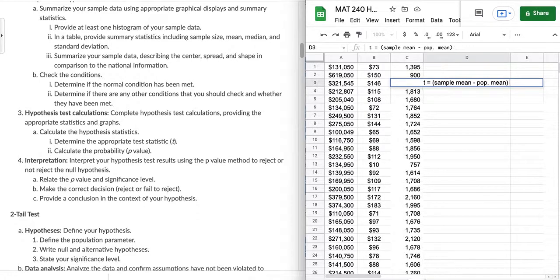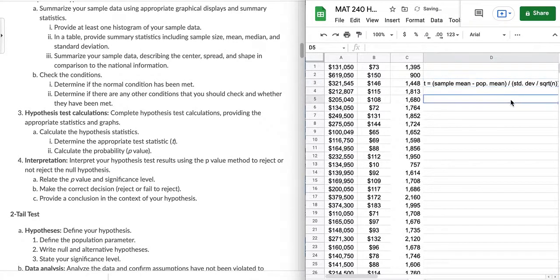Then you divide by the standard deviation divided by the square root of n. It's kind of a mouthful. The reason for all this weird stuff in the denominator is that we're talking about a mean, so when you standardize your variable, you need to divide by the standard error of the mean. So let's do that with some numbers.